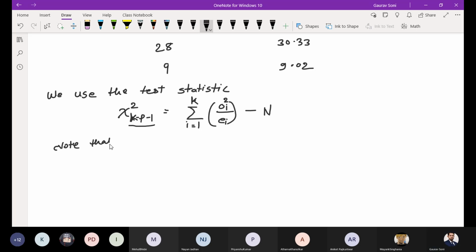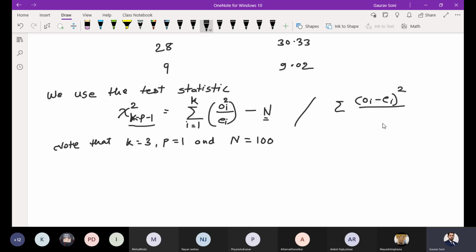If you are not comfortable with this N, you can also use the same formula that we did earlier, summation OI minus EI whole square divided by EI, where I runs from 1 to 3. This is also workable, there's no problem in this.